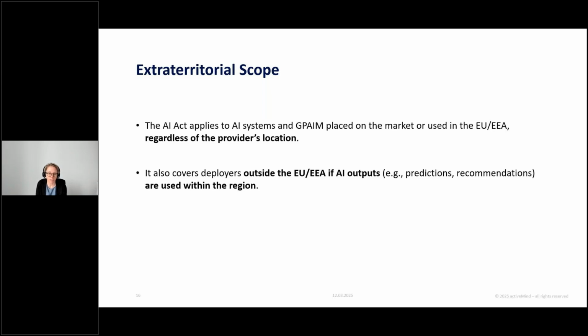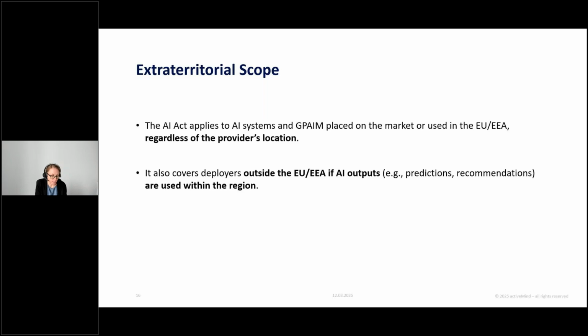If you are a deployer, for example, in the UK, and this AI system or AI technology has outputs which are used in the European Union, like predictions, recommendations, you also need to be compliant with the EU AI Act.